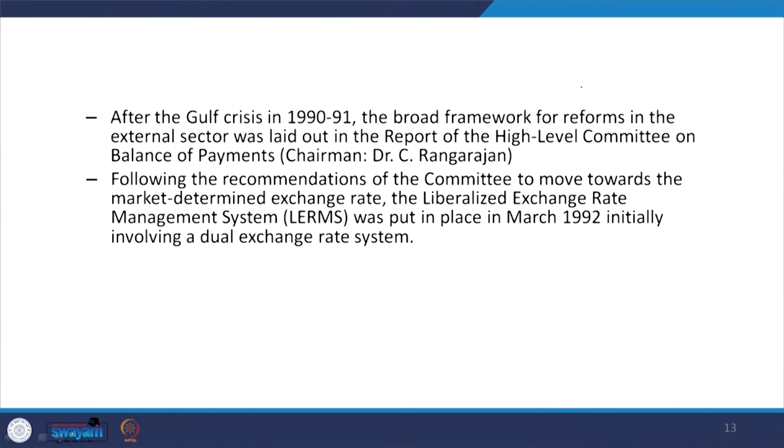Because of the Gulf crisis, the C. Rangarajan committee was formed to suggest measures to balance the macroeconomic front. Following the recommendations of the committee to move towards a market determined exchange rate, the Liberalized Exchange Rate Management System, in short LERMS, was put in place in March 1992, initially involving a dual exchange rate system.